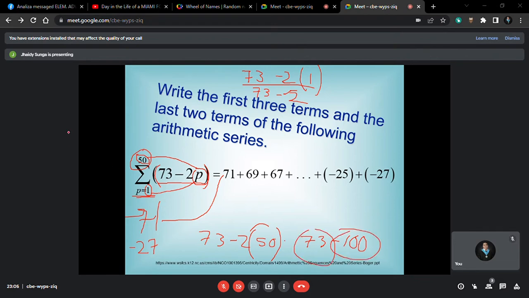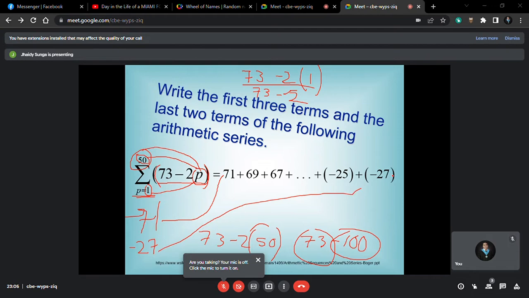So 50 stands as, if we substitute the value of 50 to the variable, it will serve as the last term. Now I will just highlight this term, and maybe you will ask me, sir, what will this term be?